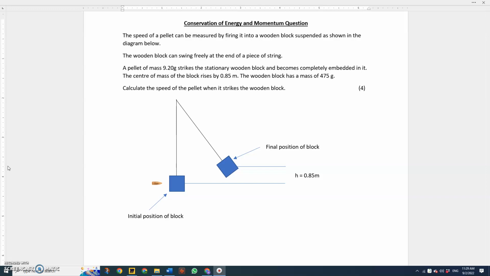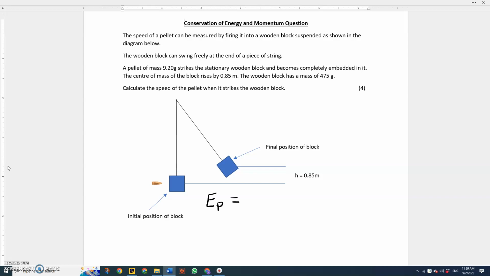So we've got some information there about the mass of the pellet and the block and the height that the block rises to, which is 0.85 meters. So what we can do is we can calculate the potential energy transferred to the block.